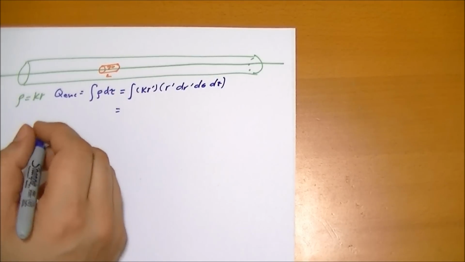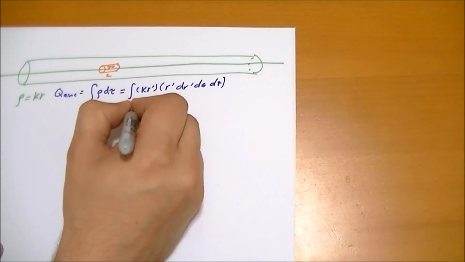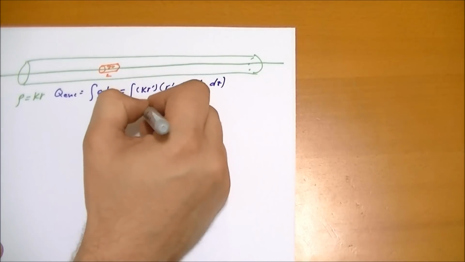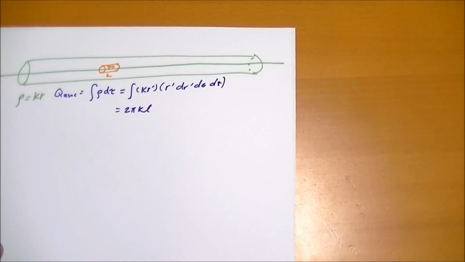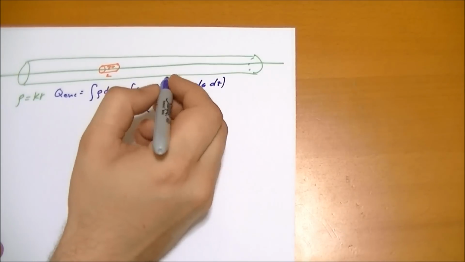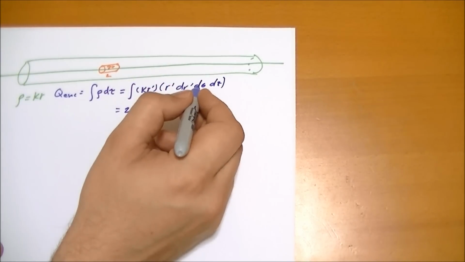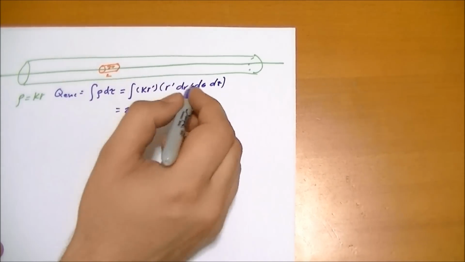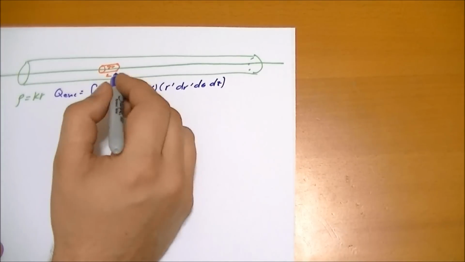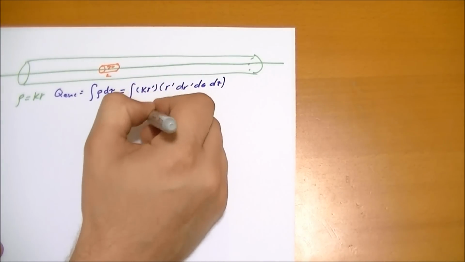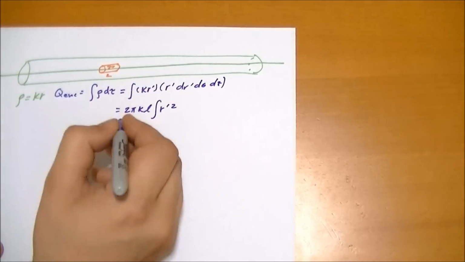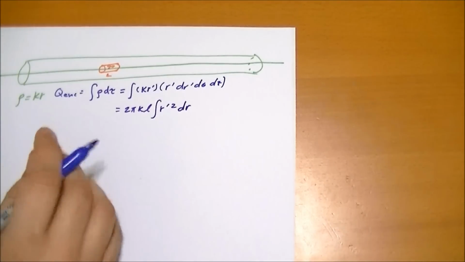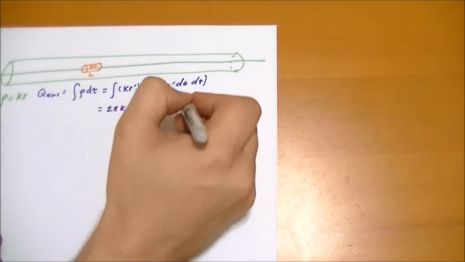So we have 2 pi k L. Where did L come from? Oh, that's the length of the box. 2 pi k L. And the 2 pi came from the integral of d theta because we're going all the way around. The dz, we went the length of L. And the leftover part is r prime squared, because these two multiply together, dr. Well, if you've never seen that integral before, you're kind of hopeless.